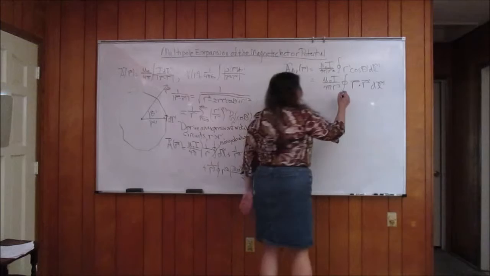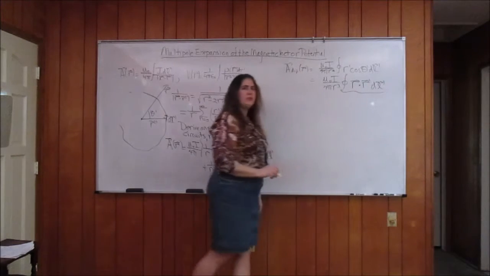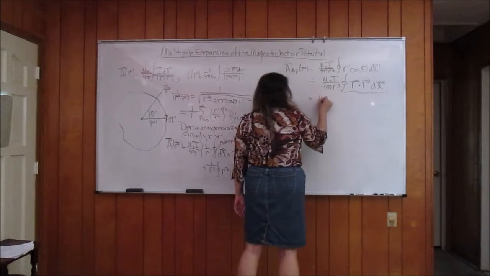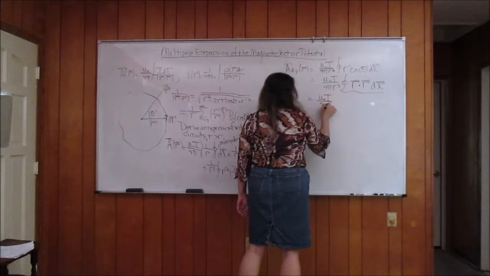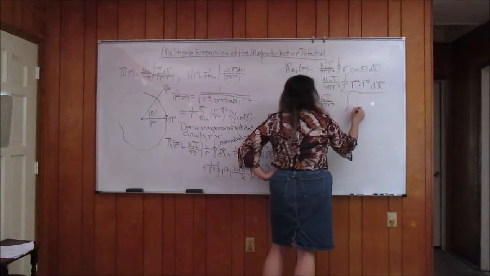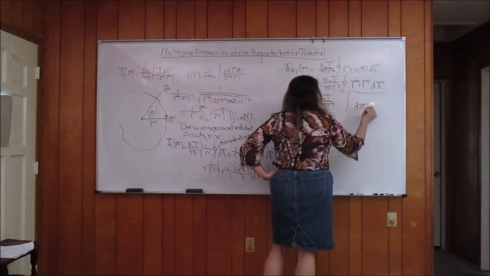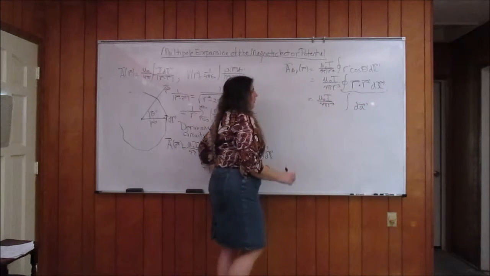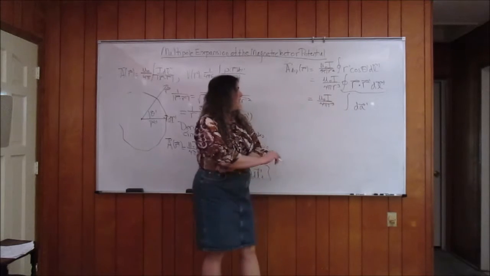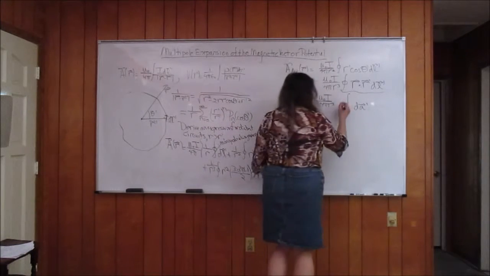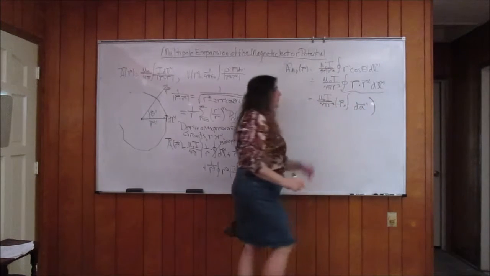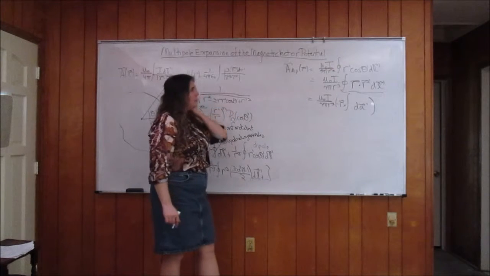Okay? Now you need to go back to vector calculus to realize that this is the same thing as this. So basically, this is just giving us an area, and it's actually minus r crossed the area enclosed by this loop.